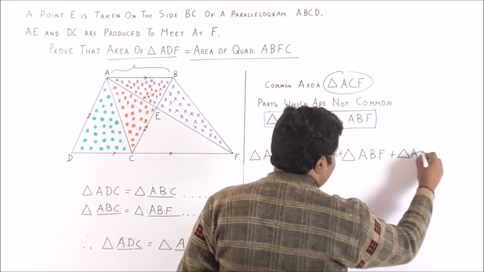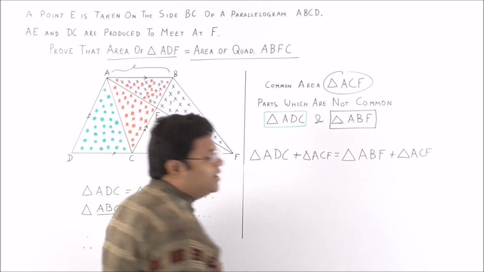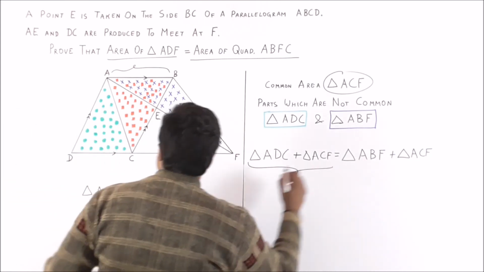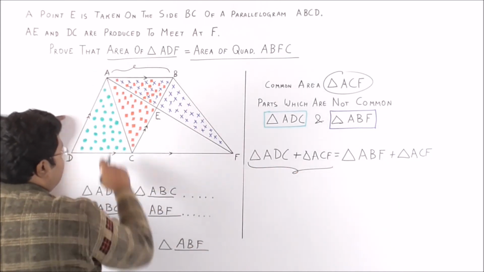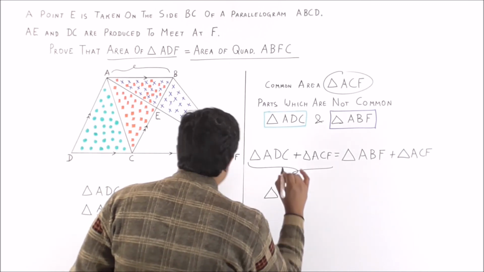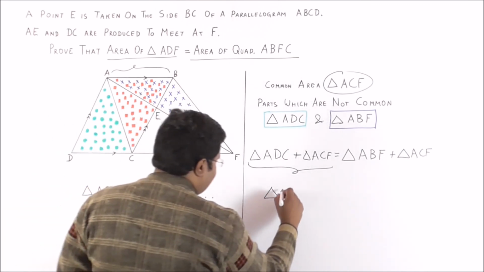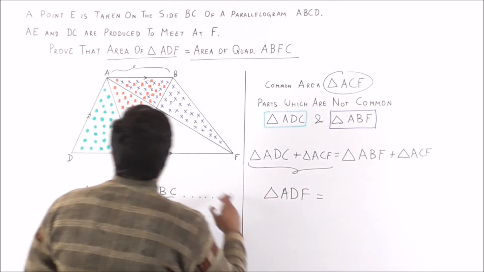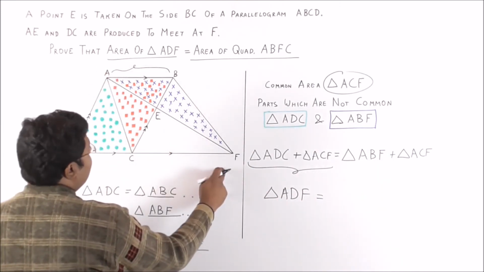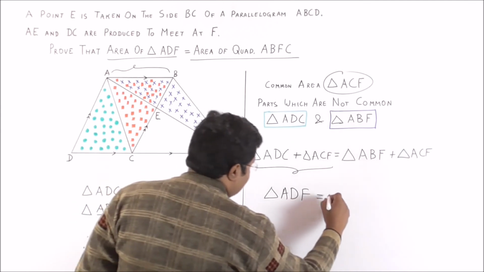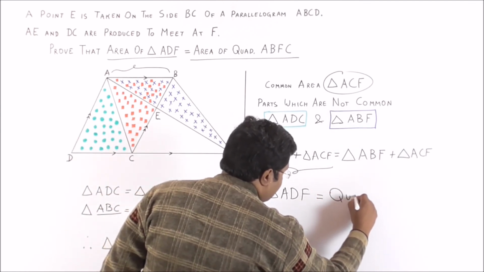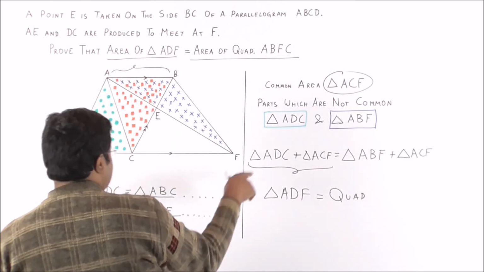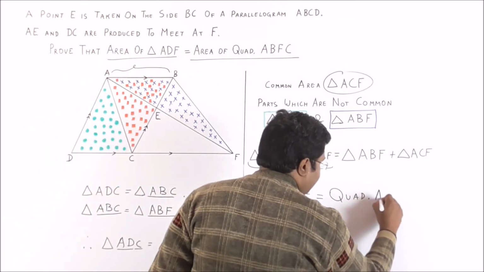Triangle ACF, once added on both the sides, this side we get ADC plus ACF, which is triangle ADF, and this side we will get ACF plus ABF, which is nothing but the quadrilateral ABFC.